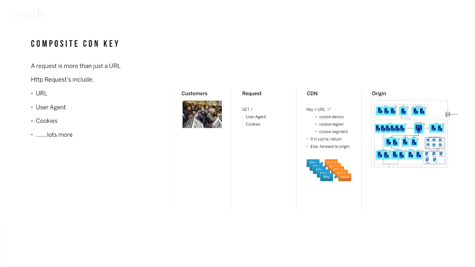So they can look at that, combine the cookies, use that as the key, and bang, they've got the right variation. So the way I think about that is if you jump in the experience editor in 8, they actually show you all the variations of a page with the A/B test and personalization rules you've got. You need to have every single one of those stored in the CDN if you want to make use of the CDN. So effectively, you can do that if you start to use a composite key.